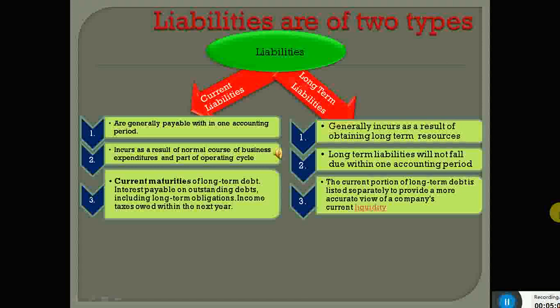They are generally incurred as a result of obtaining long-term resources. Definitely, sometimes a business requires massive investments. They approach intermediaries, banks, and financial institutions, and they gather their funds and introduce them into the business.